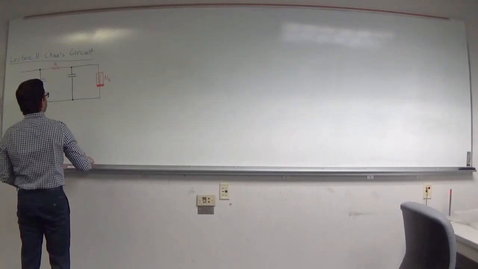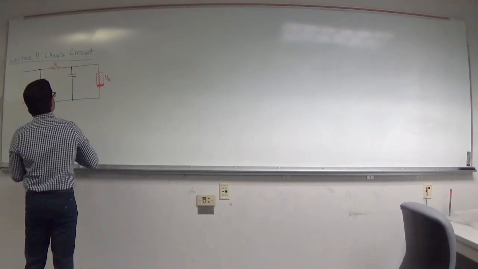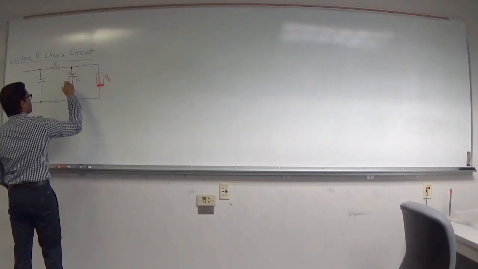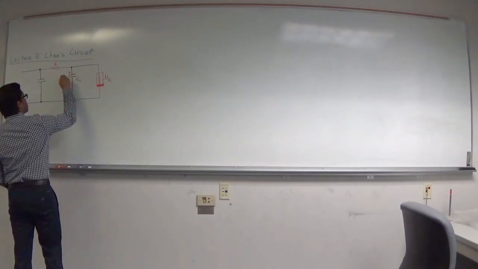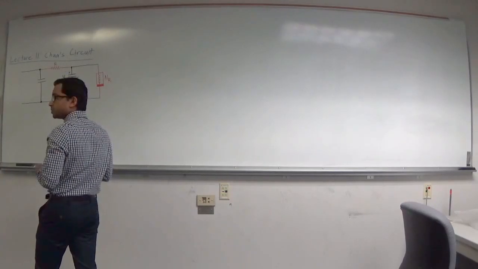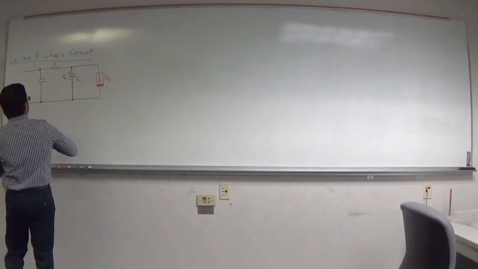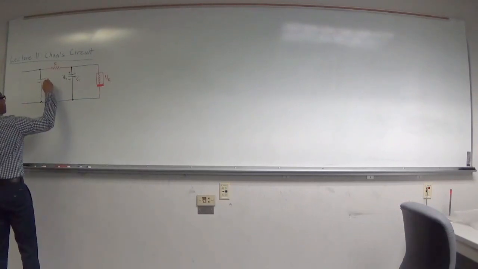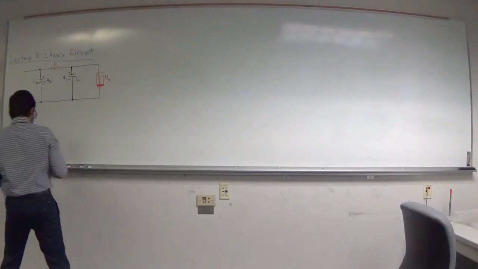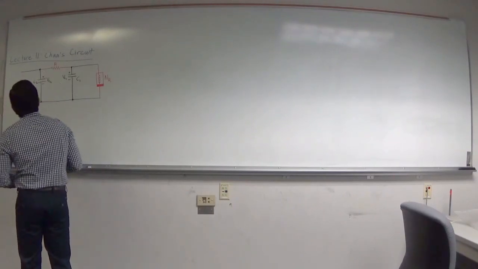And then let's say this is C1. This is plus, minus. So this has some voltage difference of VC1. This one's going to be C2, and it has a voltage difference of VC2.